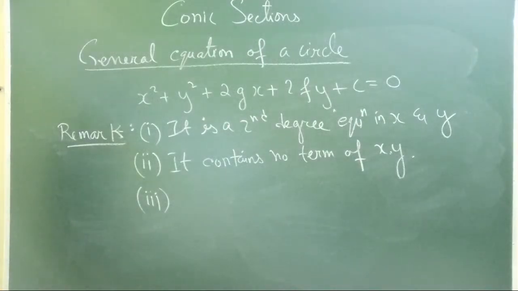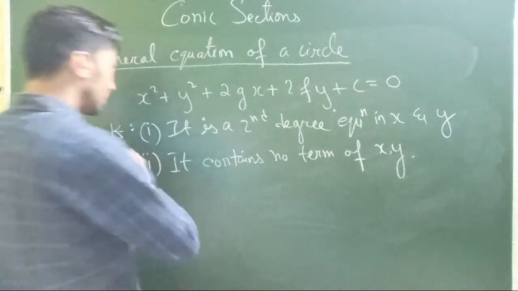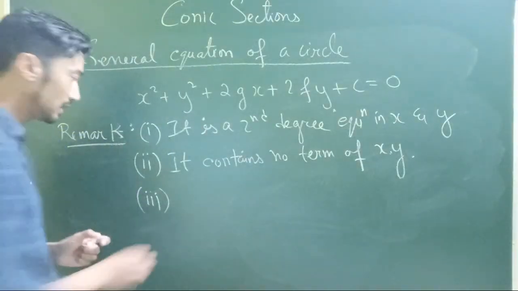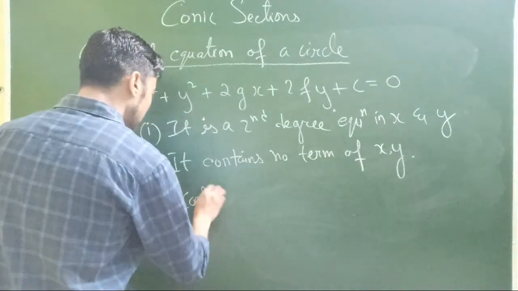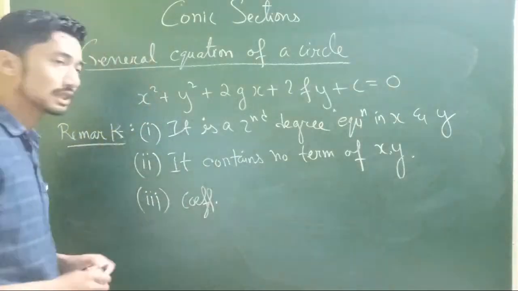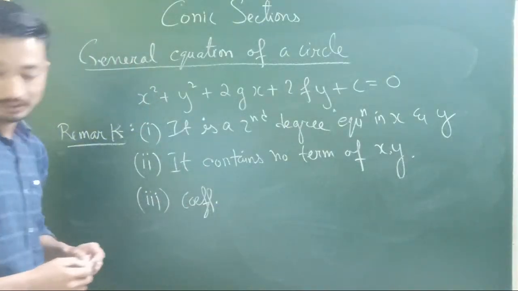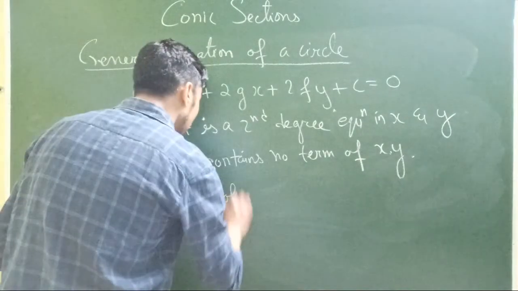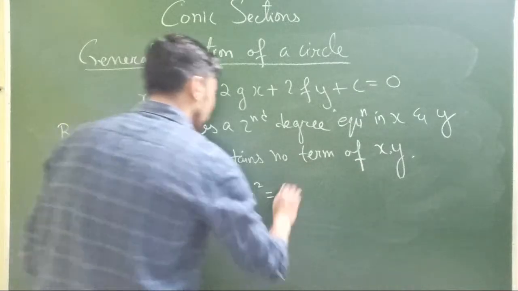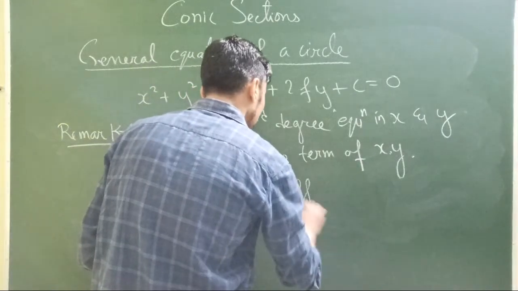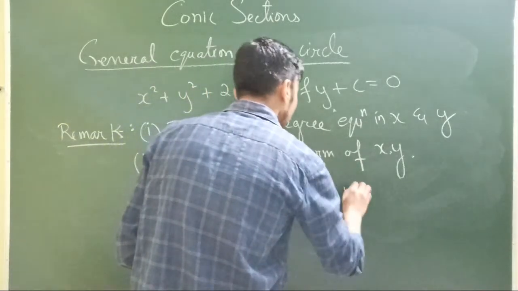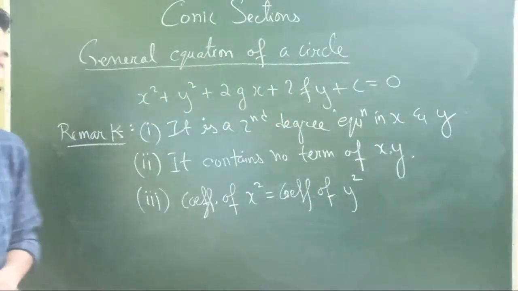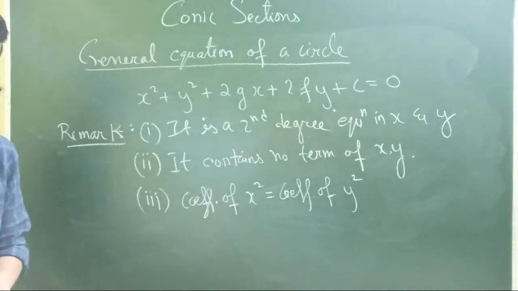And the third pointer is, no matter how you solve it, once the equation is derived and simplified, you have to check that the coefficient of x square should be equal to the coefficient of y square.